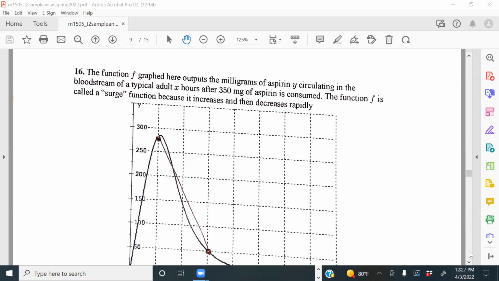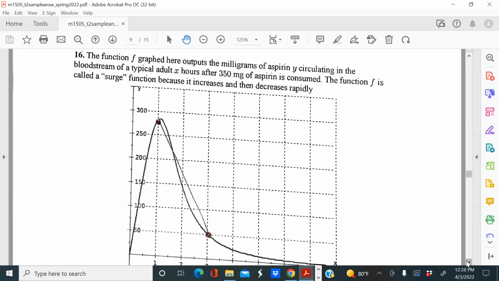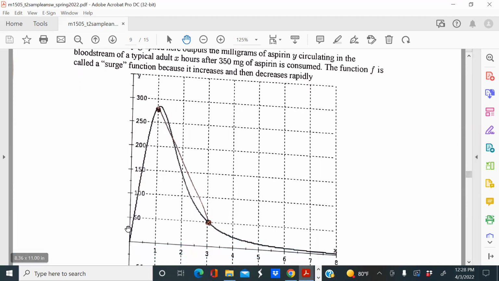And of course, you see what happens here is what you would expect. At first, you're going to get a surge of aspirin in the bloodstream as that aspirin is absorbed. And then your liver and kidneys begin metabolizing that aspirin out of your bloodstream, because your body thinks that aspirin is really not supposed to be there.